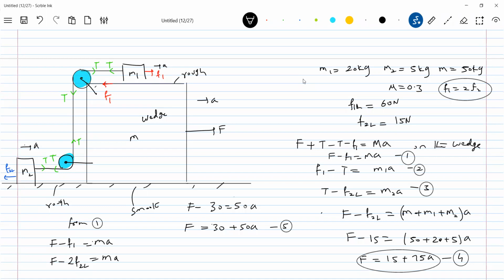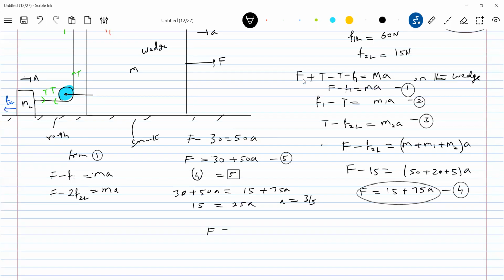So solving 4 and 5, equating 4 and 5. Let's see if any equation works. It's trial and error. Just search through the different equations. This gives 15 equals 25A. So A equals 3 by 5. Substitute that value of A here.